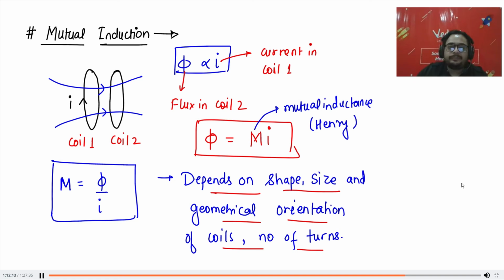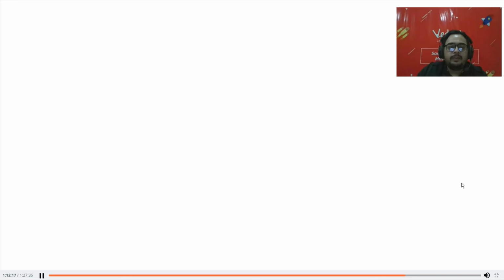Now let us see the mutual inductance of two long solenoids. It's very easy. Let us see how.